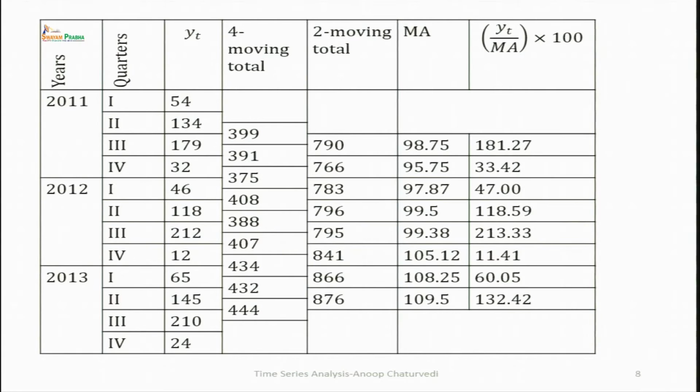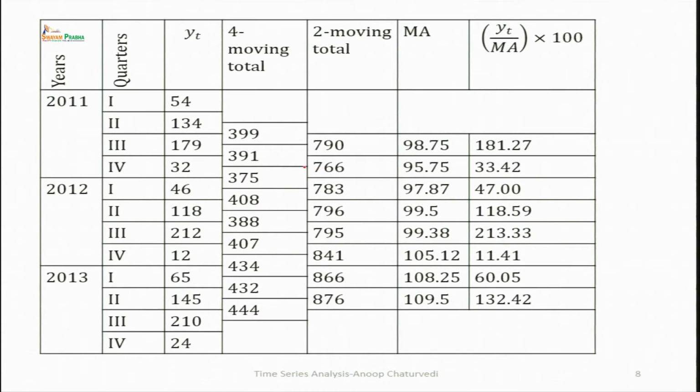Then we obtain a moving total of period 2, means 790 is actually 399 plus 391, and you write the figure in the middle. Then 391 plus 375 is equal to 766.